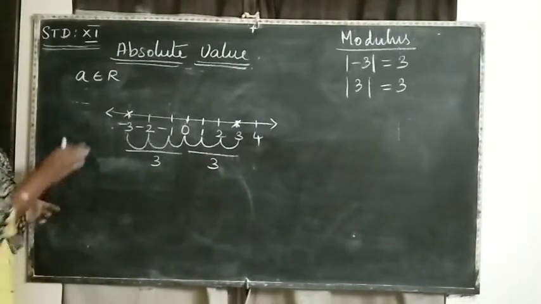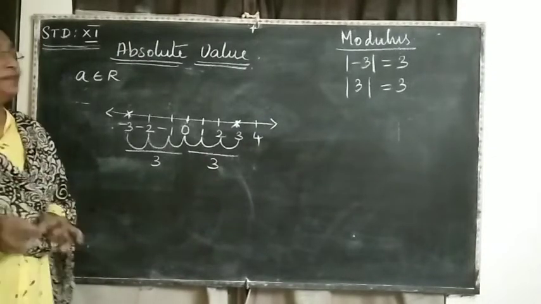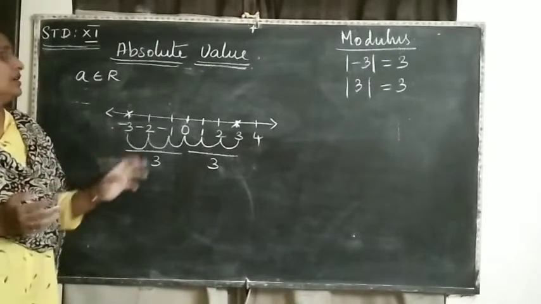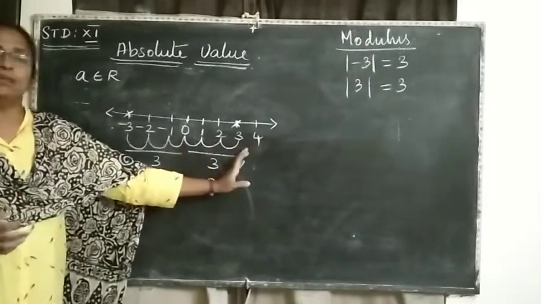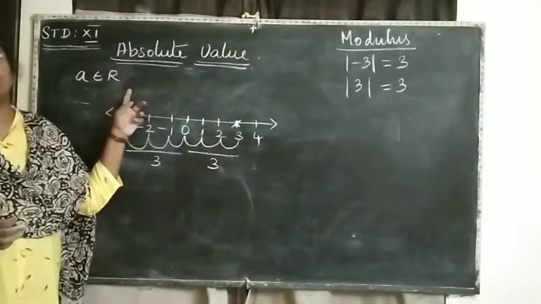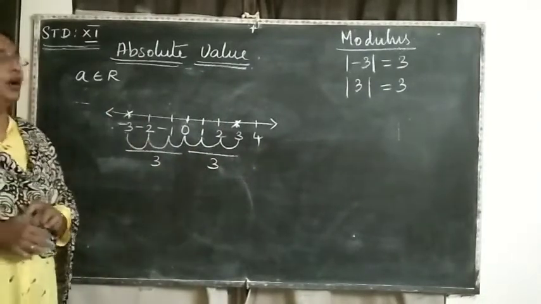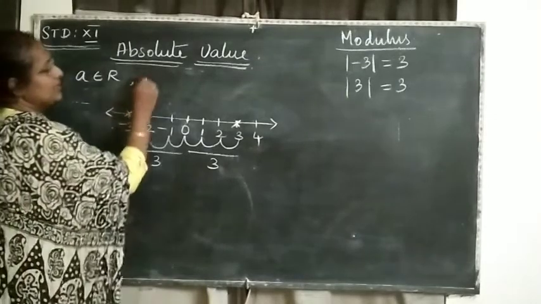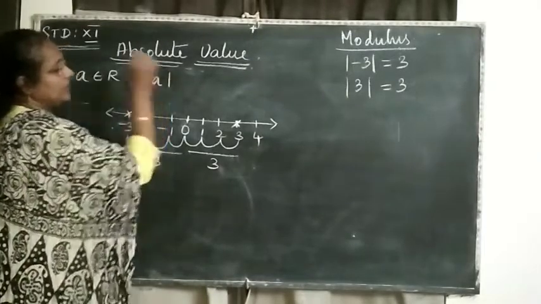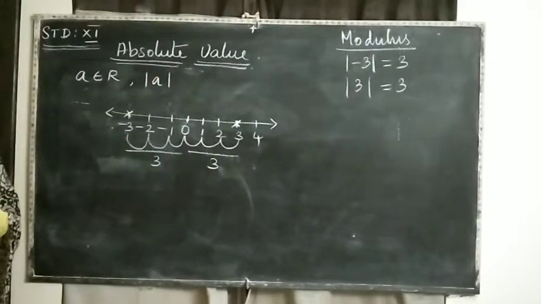Okay. So once again, what is meant by absolute value? The distance between 0 and a number a which belongs to R is said to be the absolute value. The absolute value is denoted by modulus of a. Is it clear?